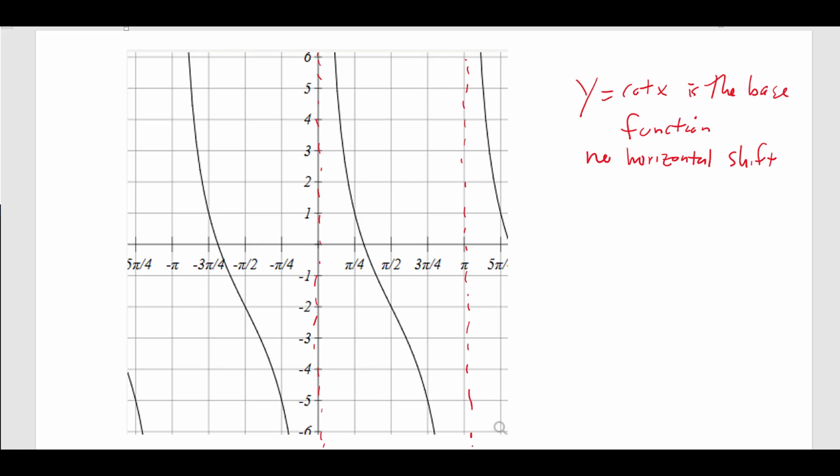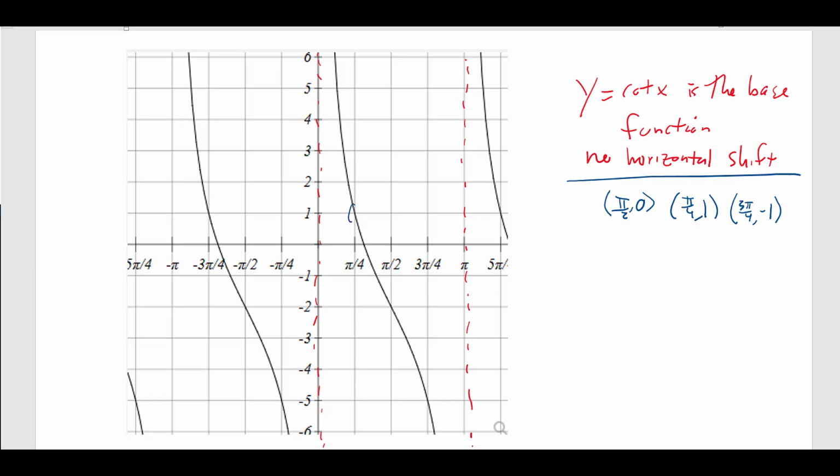Now, some points we would normally have in a standard non-shifted function would be pi over 2, comma 0. We would have pi over 4, comma 1. And we would have 3 pi over 4, comma -1. Okay, so let's see what we have.